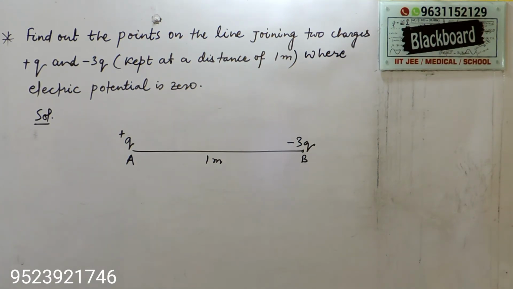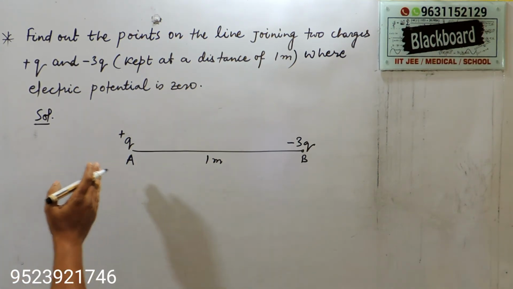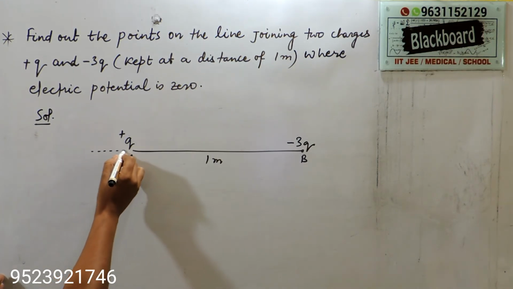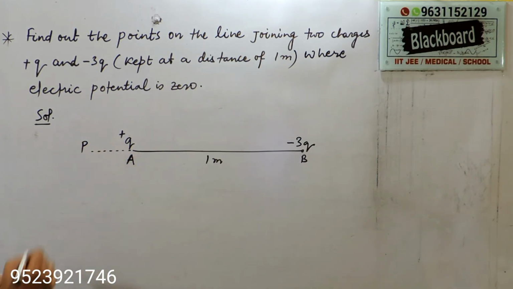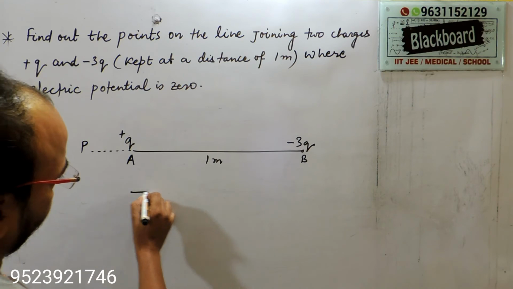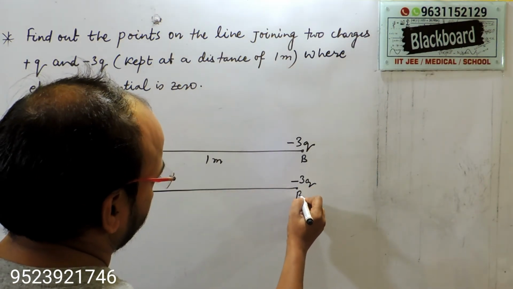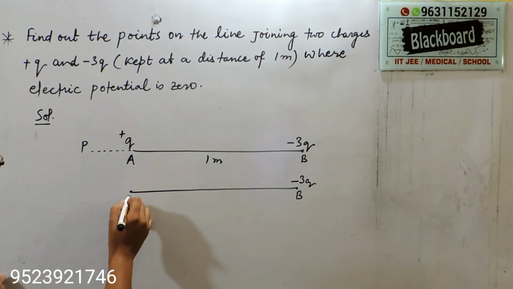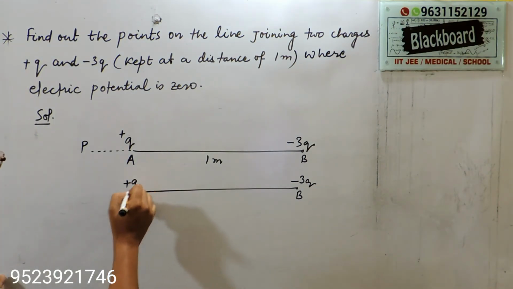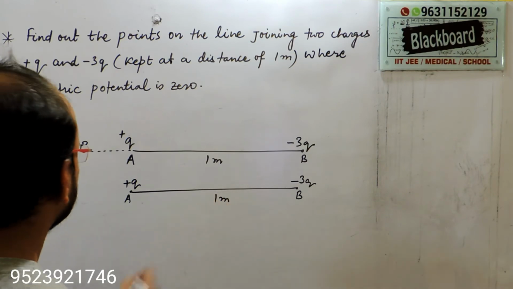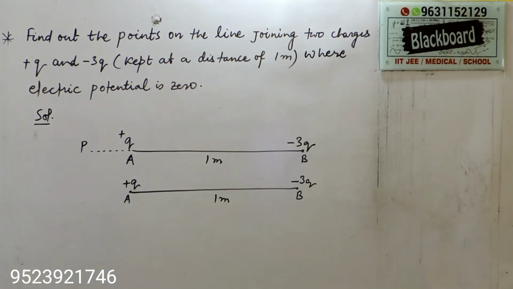Let P be the point on the axis, in the first figure. In the second figure, this is again the minus 3q charge at point B, this is point A with plus q, and this is 1 meter. Let P be the point on the axis either to the left or to the right of the charge plus q at a distance r where the potential is 0.